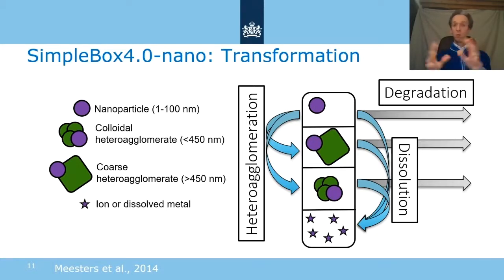So they attach to those, and we divided them into coarse heteroagglomerates and smaller colloidal heteroagglomerates below 450 nanometers. Then, of course, you have dissolution, where specifically metals would dissolve. Degradation can also be a process, particularly if you look at organic types of nanoparticles.